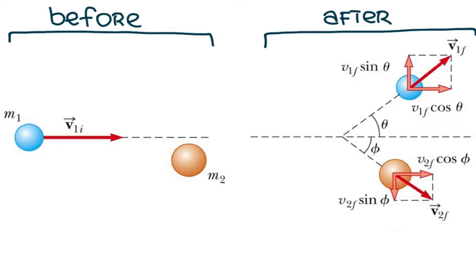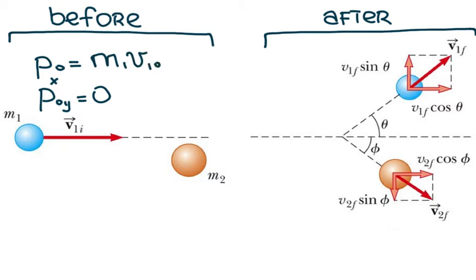So before, my initial momentum is equal only to horizontal momentum. My initial vertical momentum is equal to 0 because the mass 1 is only moving in the horizontal direction. So the momentum before is only horizontal, and it is equal to m1 v1 initial.